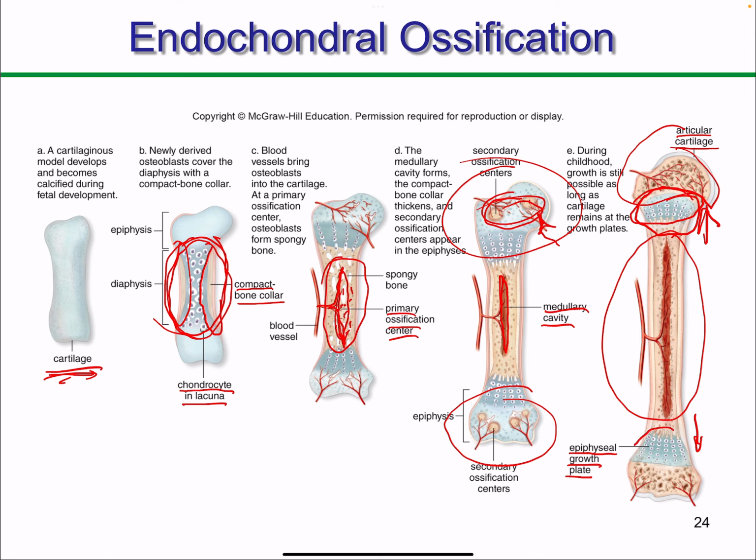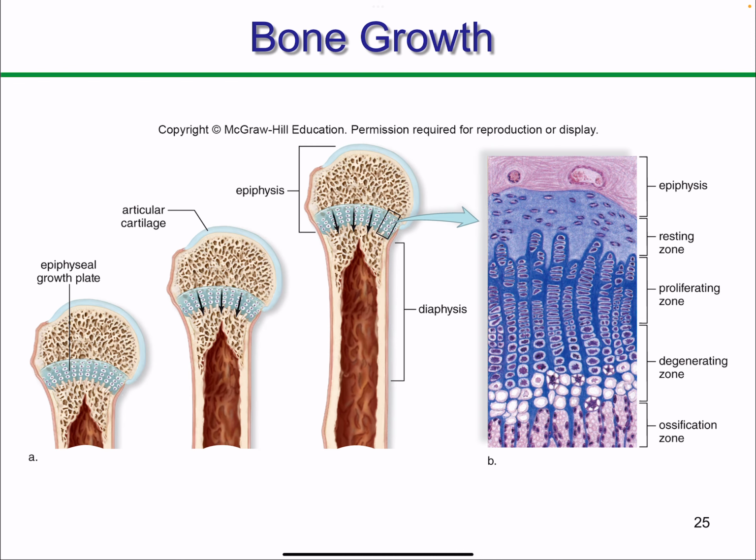That epiphyseal growth plate is what allows the long bones to keep growing. When that epiphyseal growth plate is replaced by bone, at that point, there is no more growth. All right. So, we have the medullary cavity right here.